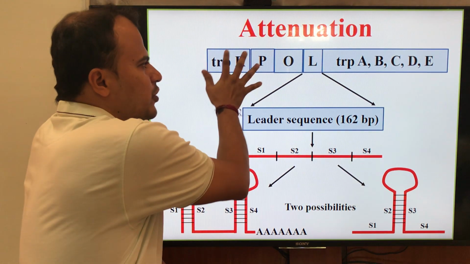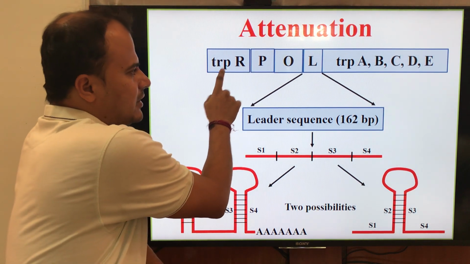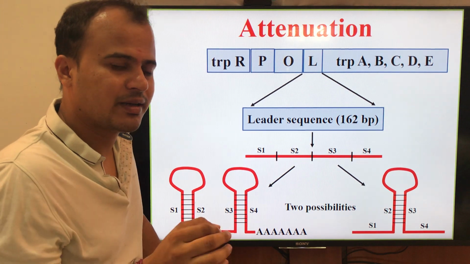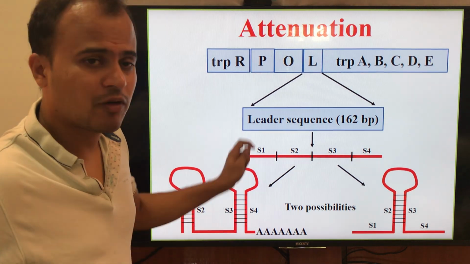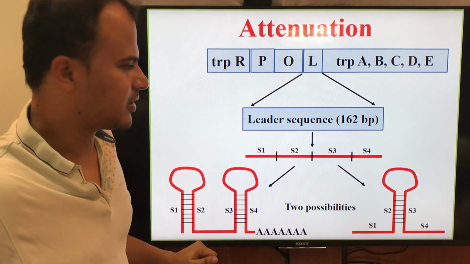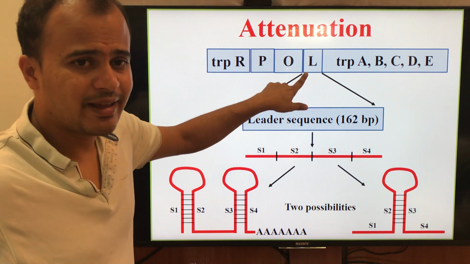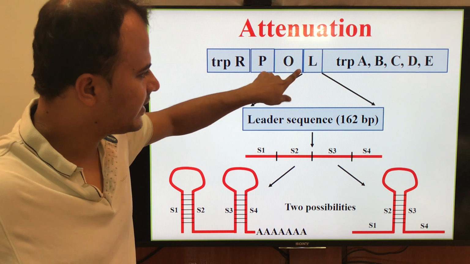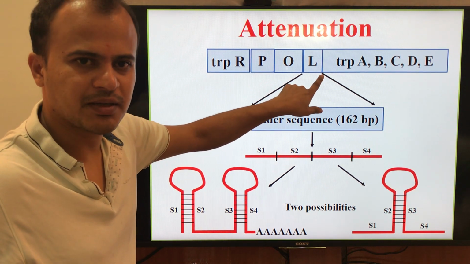So I already spoke to you about the TRPR gene, P, O, TRP A, B, C, D, E. But the region that I have not yet touched is the leader sequence. L means leader sequence. The length of the DNA is 162 base pairs.